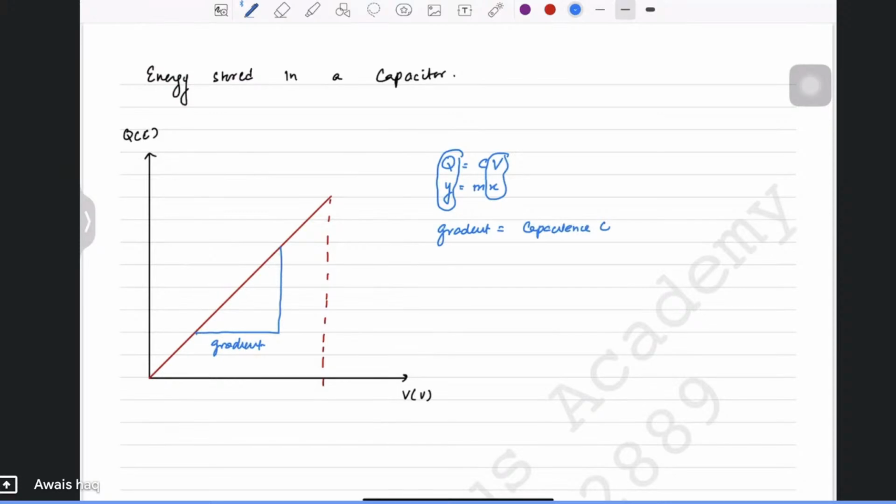Now we also know that V is basically work done per unit charge. So work done is voltage times charge.